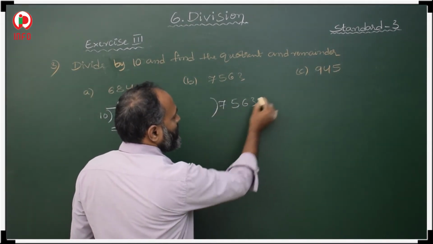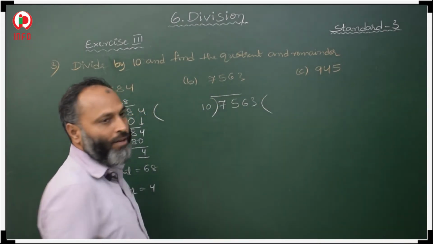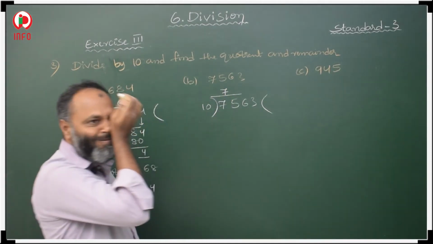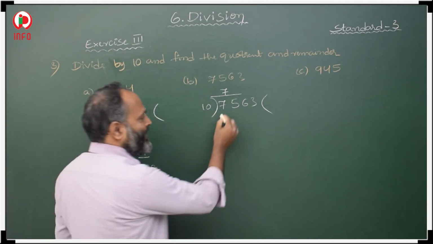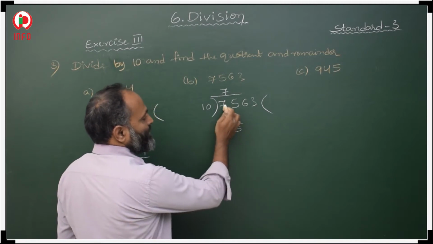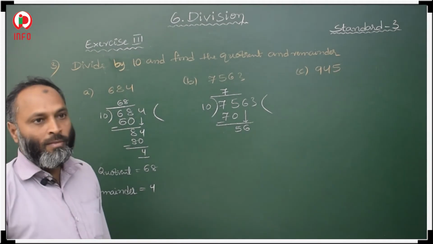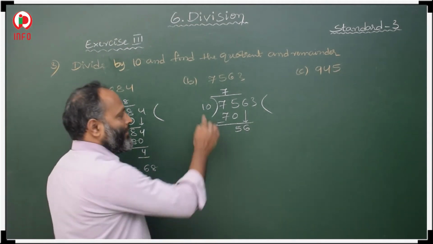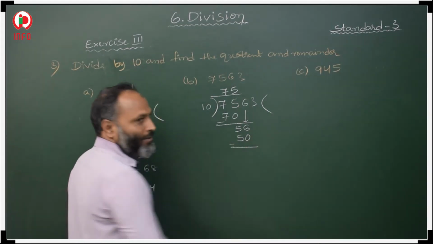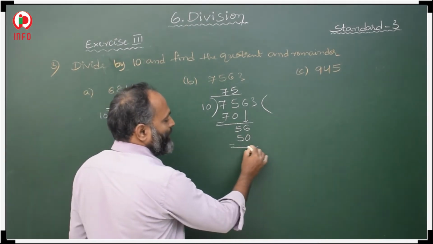Next, 7563. Now we have to divide with 10. First 75, 10 7s are 70, then minus: 5 minus 0 is 5, 7 minus 7 is 0, 6, 56. 10 5s are 50, then minus: 6 minus 0 is 6, 5 minus 5 is 0.